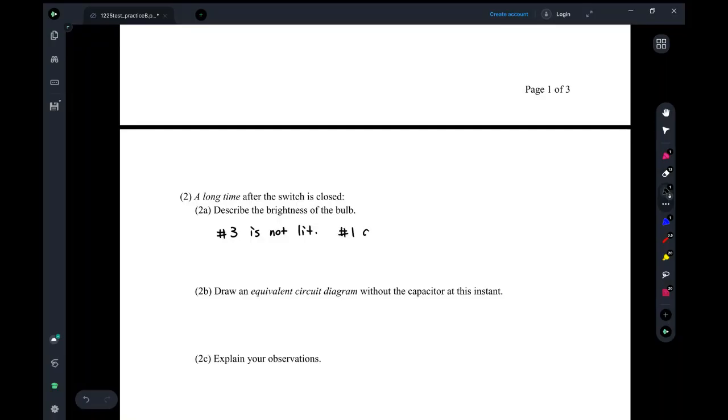Number 1 and number 2 are lit, but not very bright. Their brightness has changed.